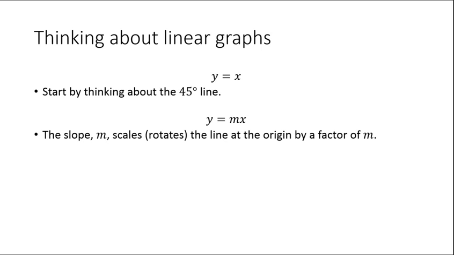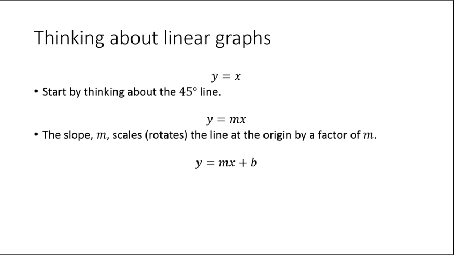You're stretching one of the dimensions, which sometimes with linear graphs we think about as rotating the line at the origin by a factor of m. But for other graphs, when you multiply your variable x by a constant, it will stretch one of the dimensions of the graph.